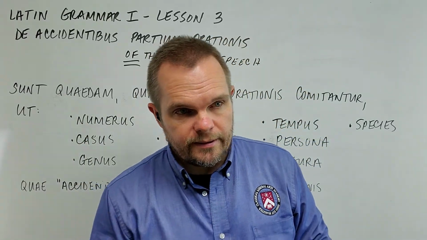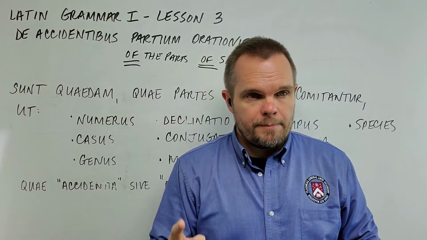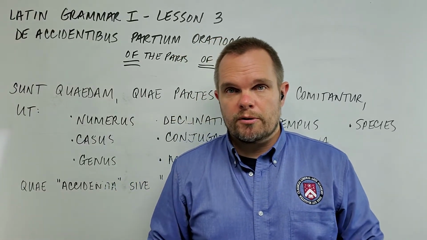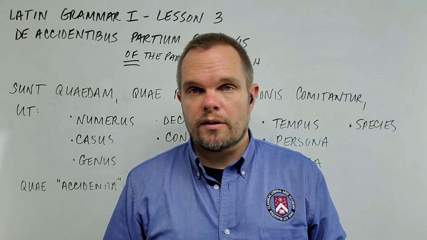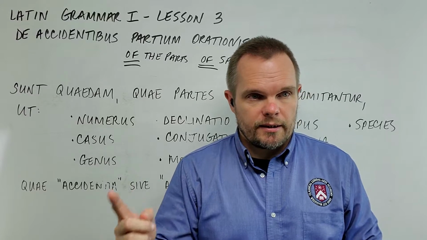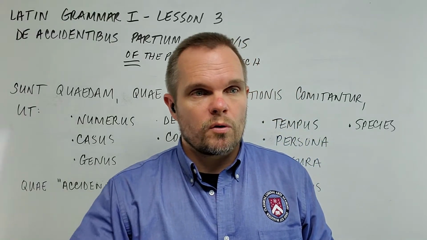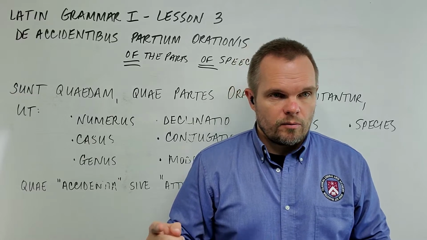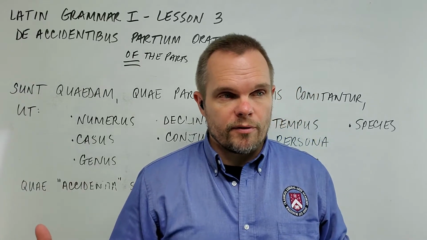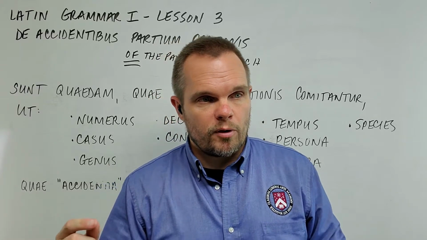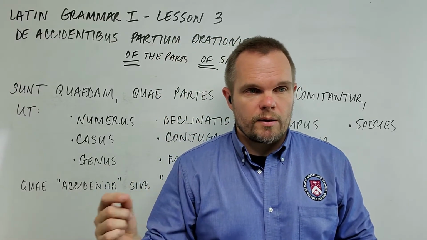Praeter ipse, ipsa, ipsum, which is a pronoun which means himself, herself, or itself. Except for the pronoun ipse, ipsa, ipsum, quod cuius vis est personae, which is of whatever person. Item pronomen qui, quae, quod.